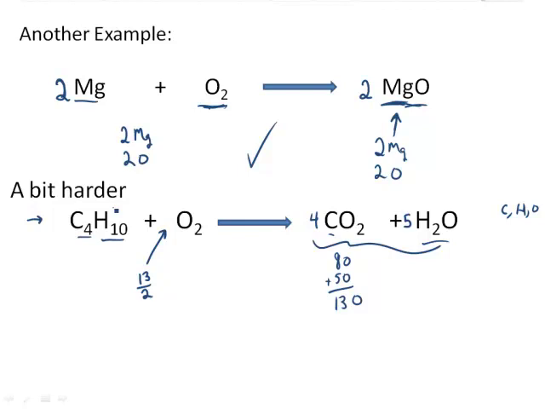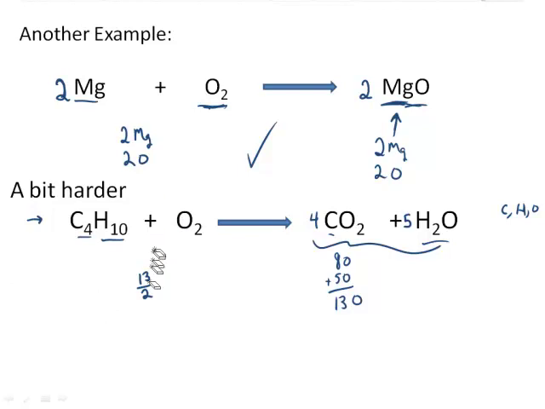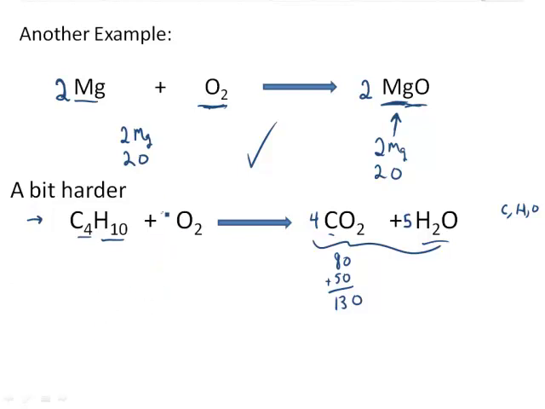You're not allowed to have non-integer numbers as your stoichiometric coefficients because they have to be integers, because they're representing numbers of molecules. You can't have half a molecule. So go ahead and write the 13 halves for now, or if you prefer, 6.5. So if you have 6.5 there, which gives us 13 oxygen atoms, that part's okay. So it's balanced in that sense, but it's illegal, if you will.